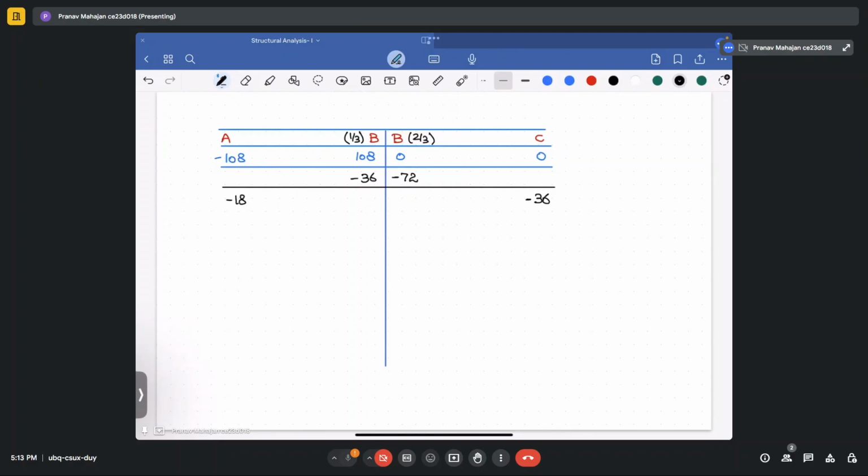Now we will add all of them and we will get one value. Minus 18, that will be 72, and this will be 72, that will be minus 36. So in this case, at the ends the values can come because other ends are fixed. So these will be your fixed end moments.